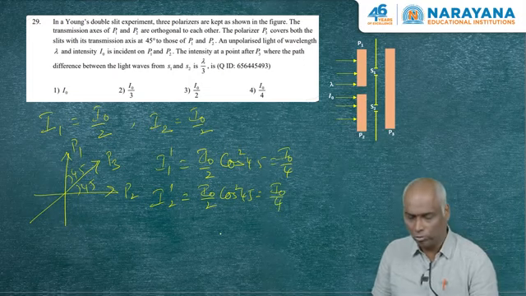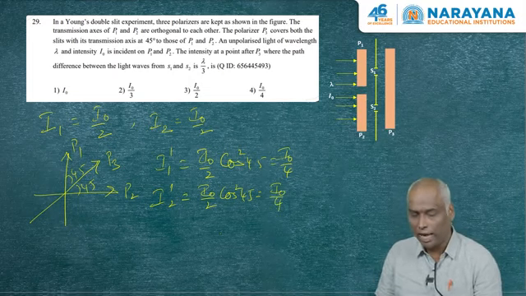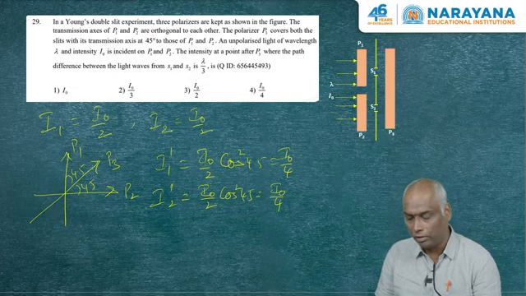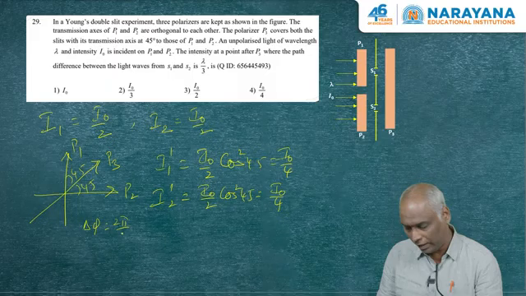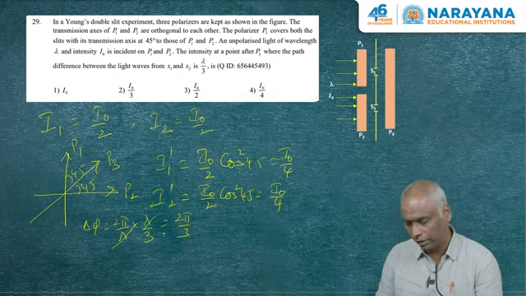Now these two lights have a path difference at a certain point, given as lambda by 3. So the phase difference is delta phi equals 2 pi by lambda into lambda by 3, which is 2 pi by 3.